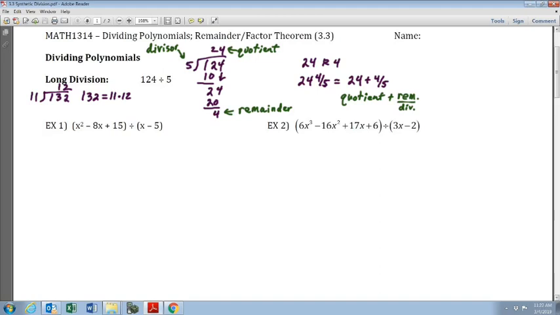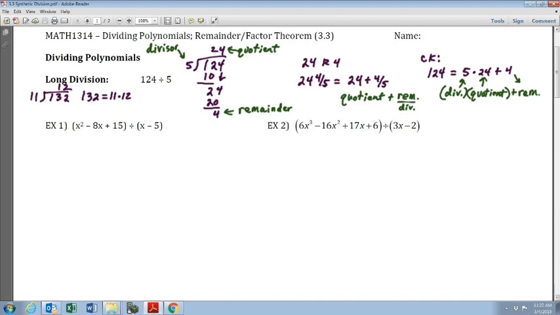So in the same way, we can check this answer. 124 should equal our divisor 5 times the answer or quotient we got, 24, plus the remainder. And so it's divisor times the quotient plus the remainder. All right, so we want to keep these things in mind as we do division of polynomials.